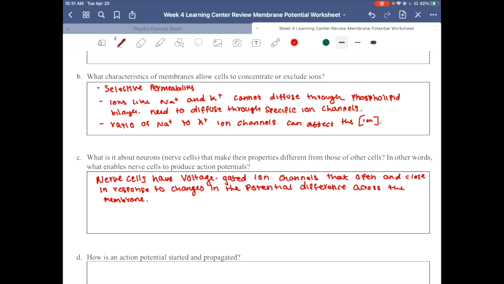So here I would remember that nerve cells and every other cell in our body has a potential difference across their membrane, but nerve cells have the voltage gated ions, which actually allows for the action potential to occur.